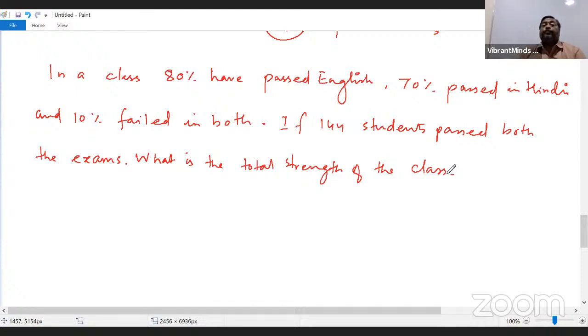Now see, 80% have passed in English, 70% passed in Hindi. Is it clear? And 10% failed in both, and 144 students passed. What is the total strength of the class?